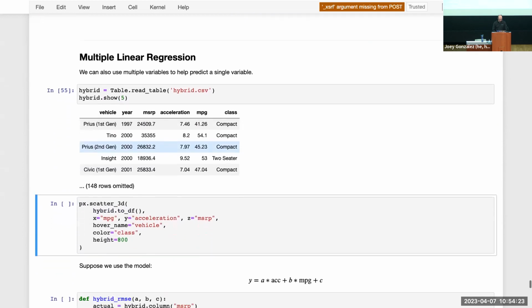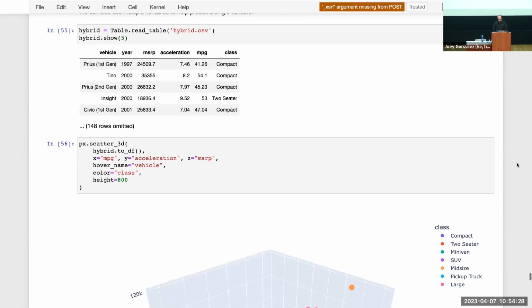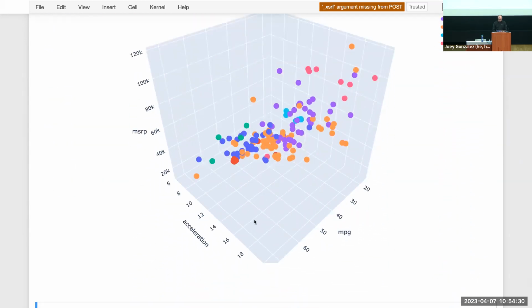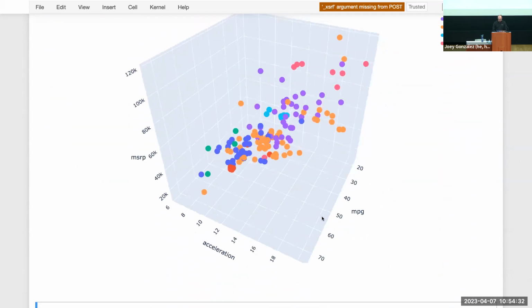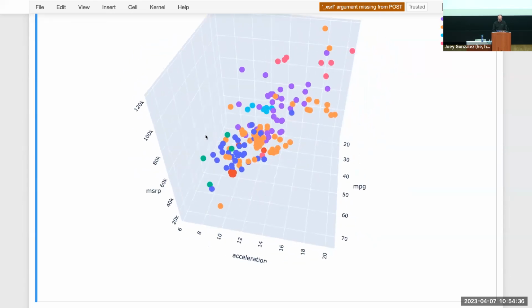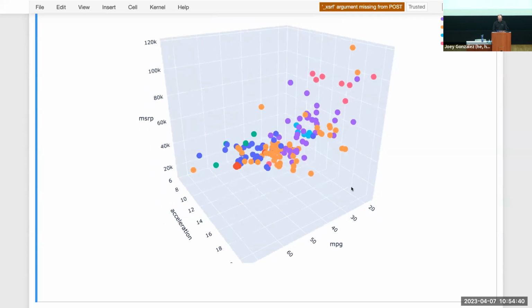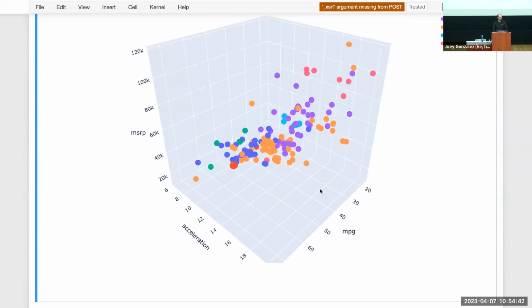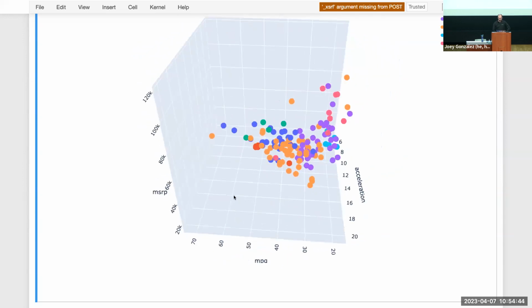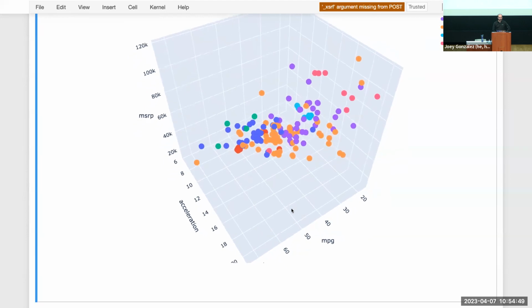All right, to illustrate this, I'm going to bring back in our cars data set. I'm going to make it 3D because it's three-dimensional data, actually. So we have the acceleration and miles per gallon of various vehicles, right? And I'm going to say, what would be the predicted price for that vehicle for different accelerations and miles per gallon? So what I want to do here is I have all these points. I'm going to start with the linear equation. What's the linear equation look like in this three-dimensional space? What am I going to do?